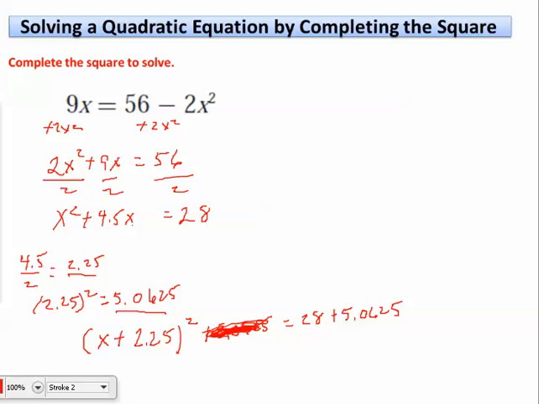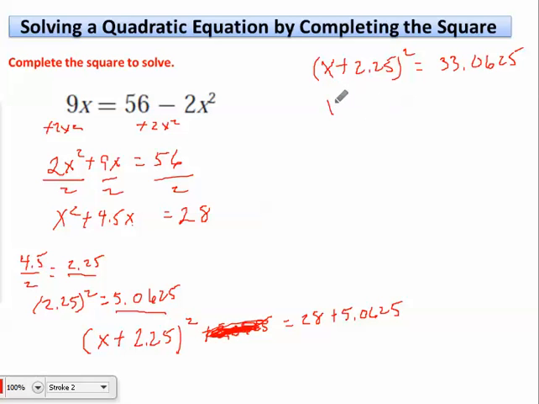So I've got, bringing my work up here at the top, x plus 2.25 squared is equal to 33.0625. Take the square root of both sides.